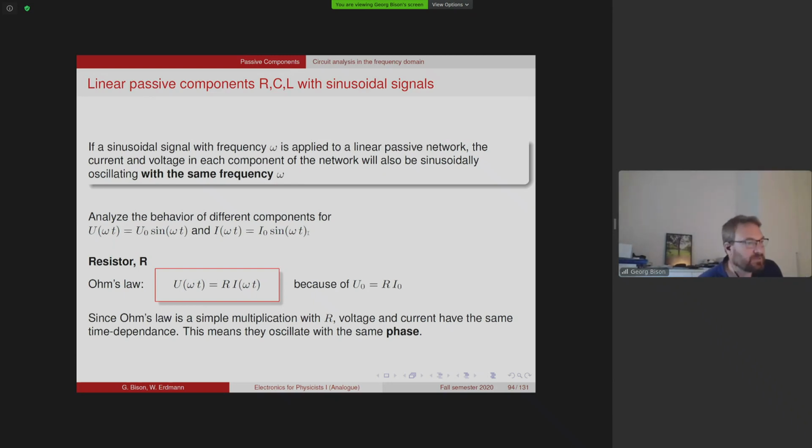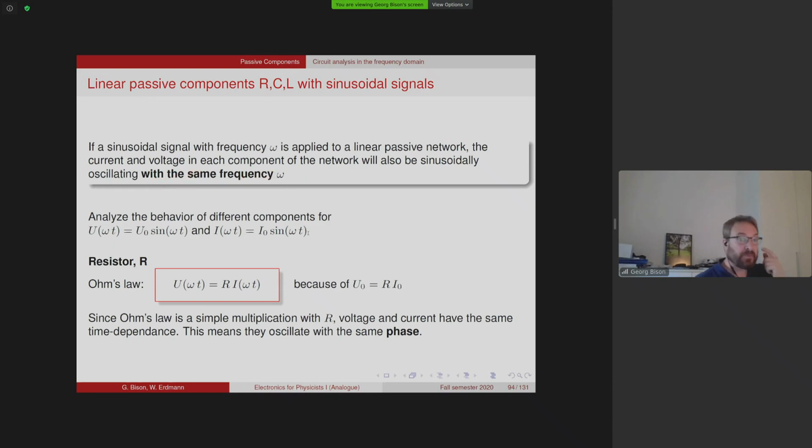And basically, this can be taken as a definition of what is a linear component. If you excite it with one frequency, then what happens is at the same frequency. So a linear component does not change the frequency of the signal.